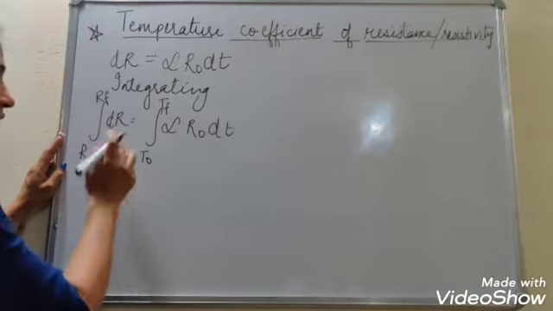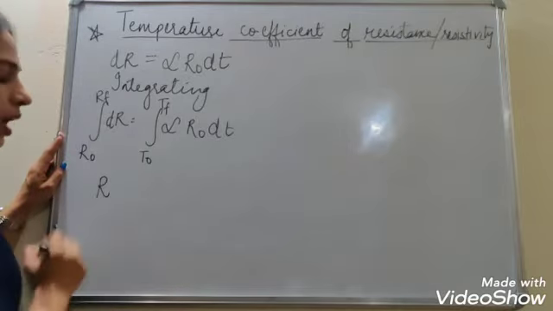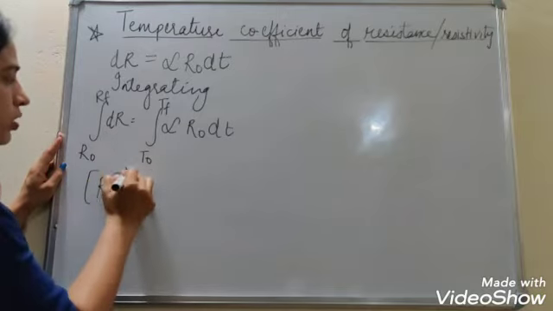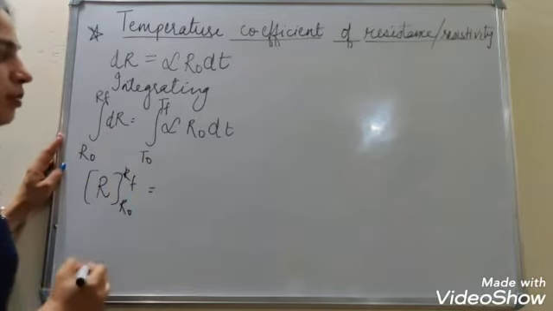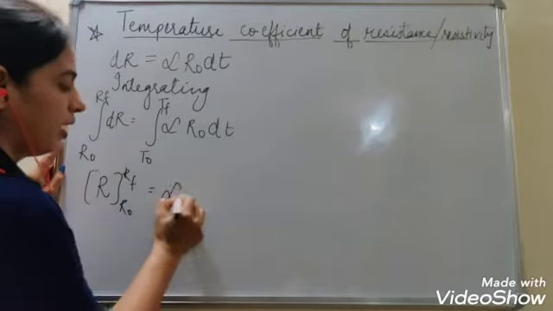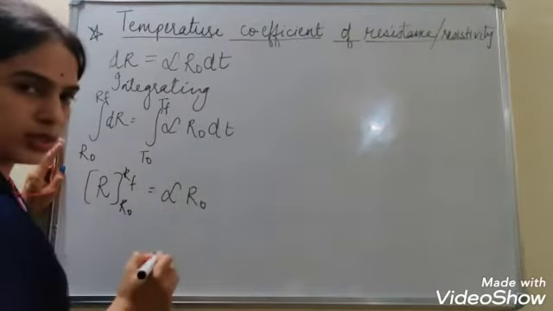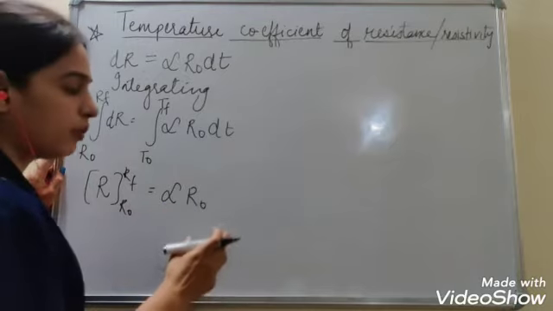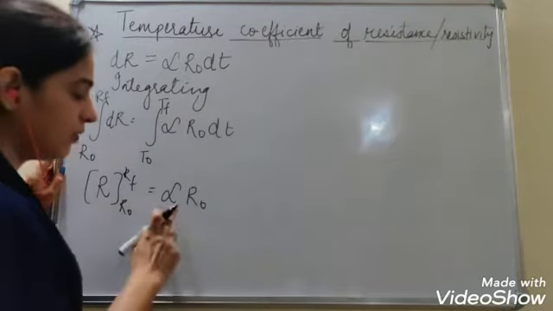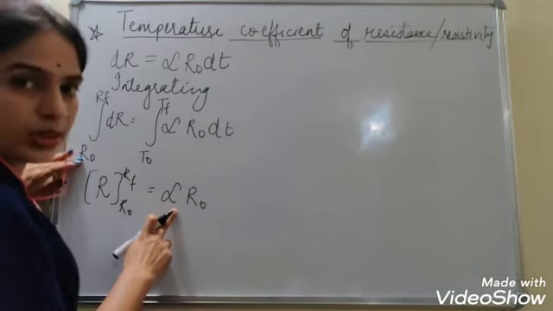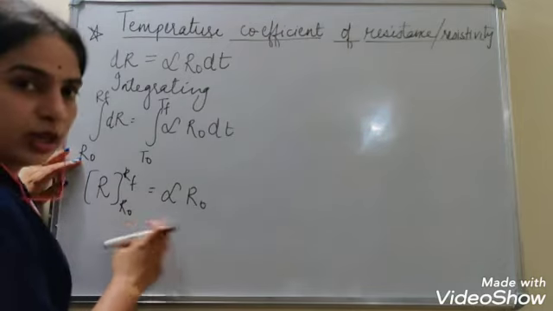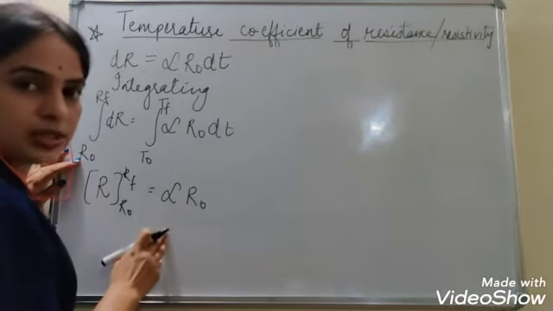So the integration of dR will be R from R naught to R final, equal to alpha, and R naught will be constant. Children, alpha is also dependent on temperature, but for 99% of cases we take alpha as constant or independent of temperature. That's why we're taking alpha out of the integration sign.